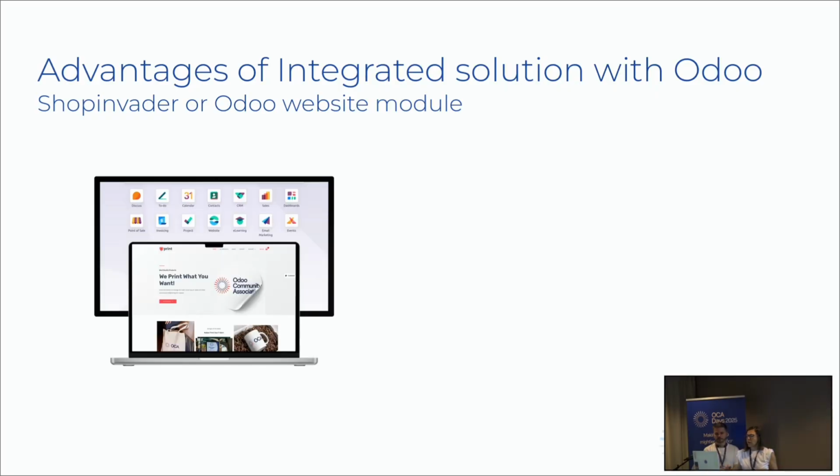So in this integrated solution, we took into consideration two options, Shopinvader or the Odoo website module. They are both integrated solutions. They are maybe not the only ones, but these are the ones that we know and work with.